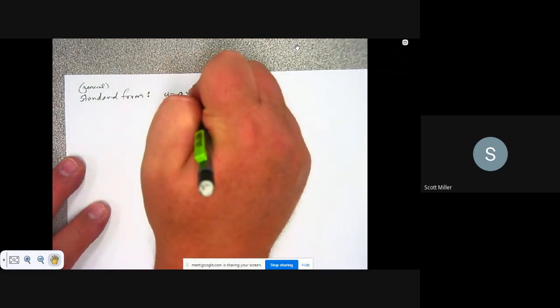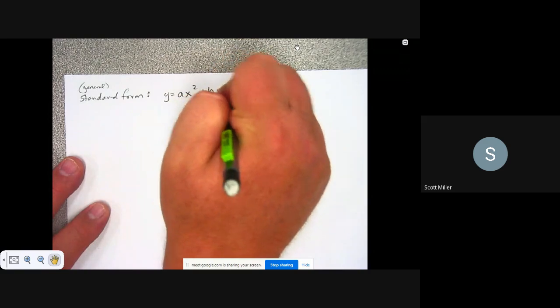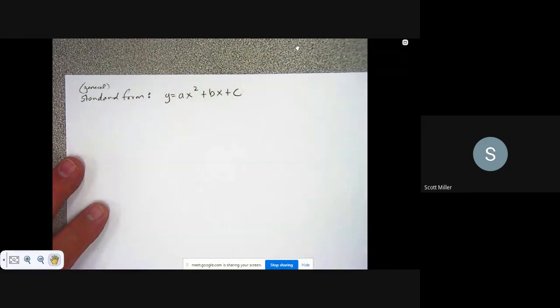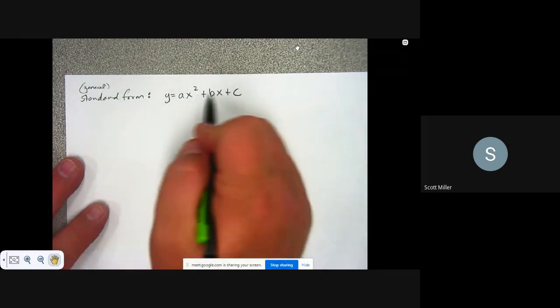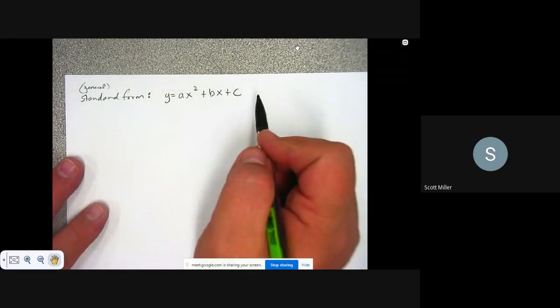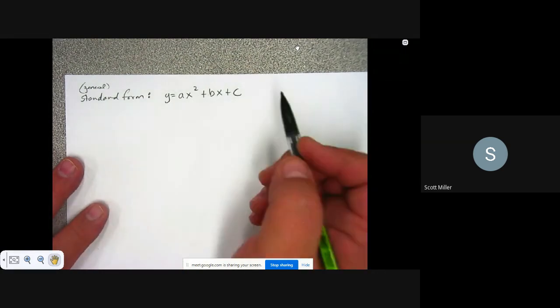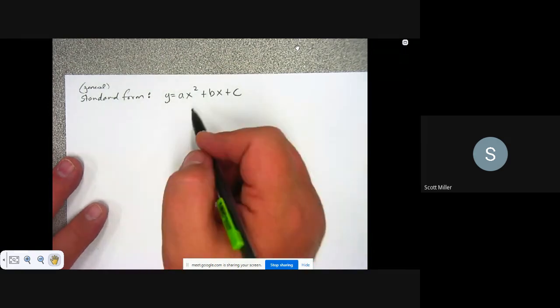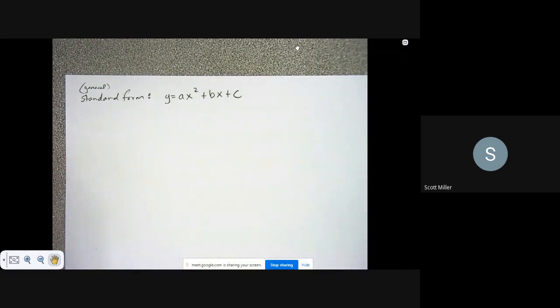So here is the standard form. Some of you may be familiar with it. Again, we want to know how these letters will change the parent function graph, and then what some key features are that we can pull from this. Let's go explore that one a little bit.